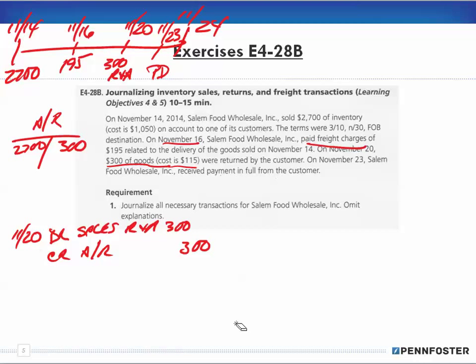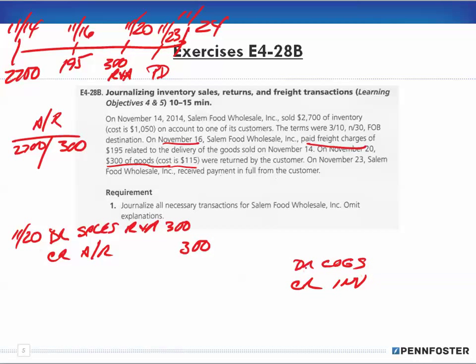Right? This way we know how much we sold and how much was actually returned. And of course, since we're getting a return and affecting our sales, that's going to affect our inventory. So we have to reverse our original journal entry for the inventory. Remember, we debited cost of goods sold and credited inventory.